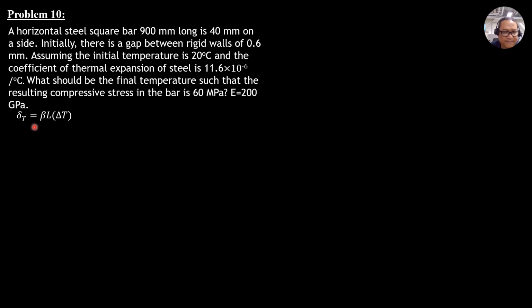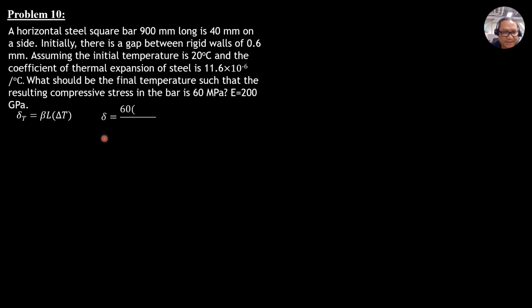Then we can solve delta T, where delta sub T to cause compressive stress of 60 megapascals in the bar should be equal to the initial gap, which is 0.6, plus the deflection due to the contraction due to this compressive stress.